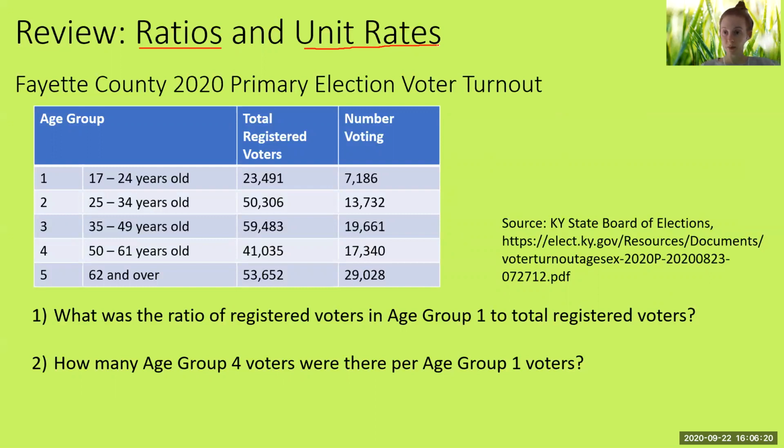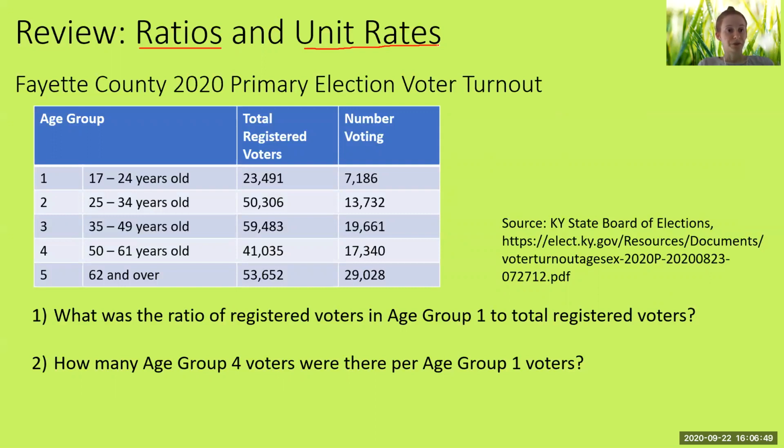It's a special type of comparison. It is a comparison to one. So whenever you are comparing some amount to the number 1, you are talking about a unit rate. For example, 75 miles per hour, right? If you're talking about driving your car, 75 miles per hour, that's 75 miles per 1 hour, right? So that's an example of a unit rate.